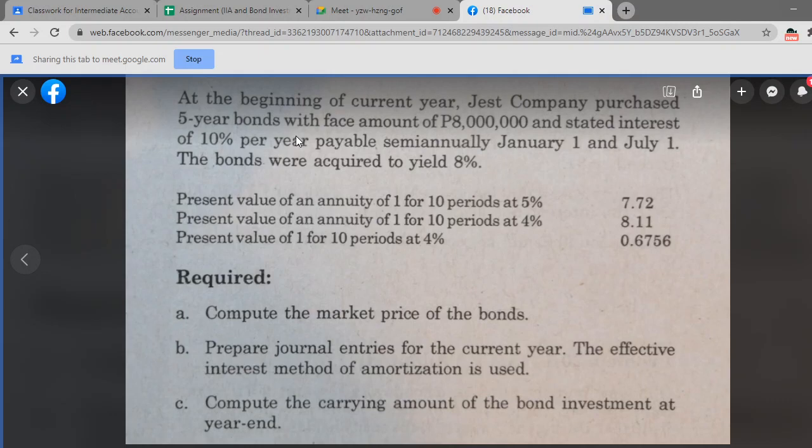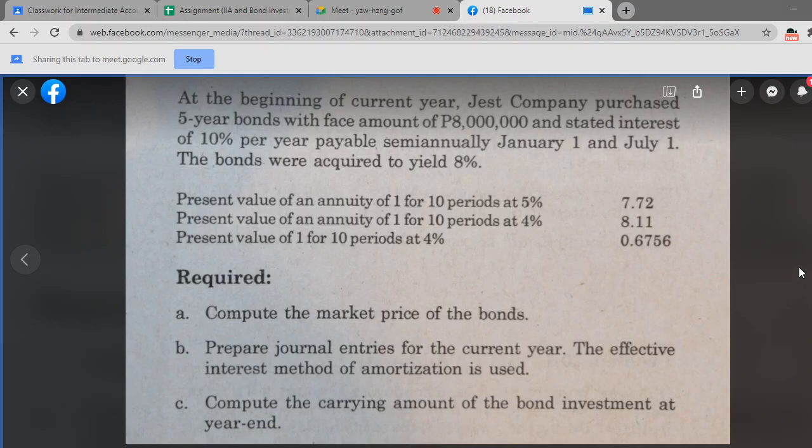So, kung premium na siya, mag-expect ta nga ang acquisition cost sa imuhang bonds would be more than 8 million. Tama? Tama ba itong analysis? Diba? Pag sobra sa face amount, it's a premium. But, looking at this problem, wala niya gihatag kung pila ang imuhang cost.